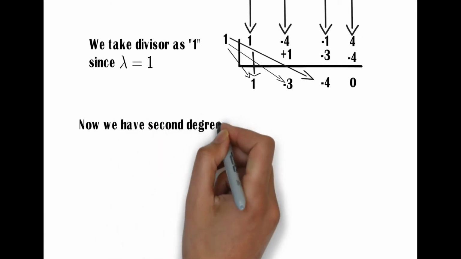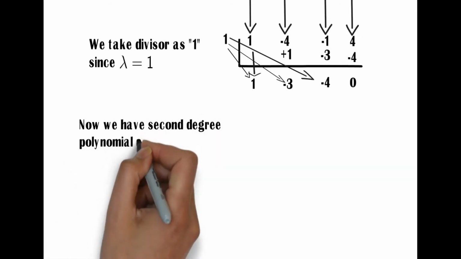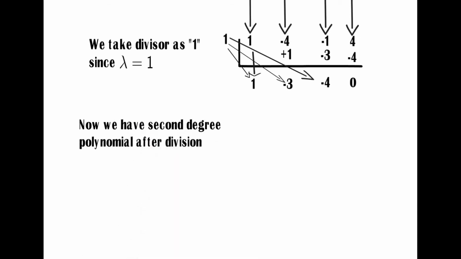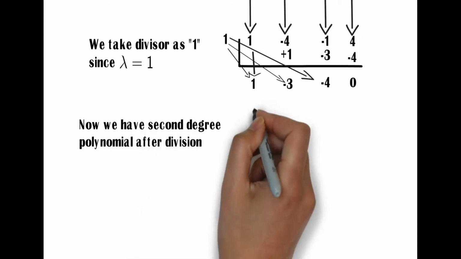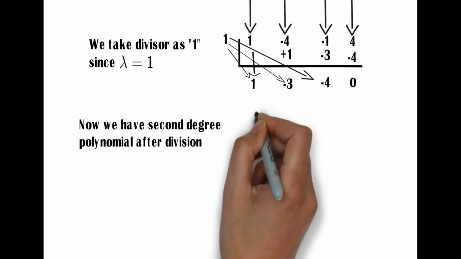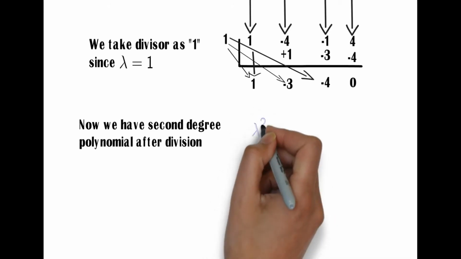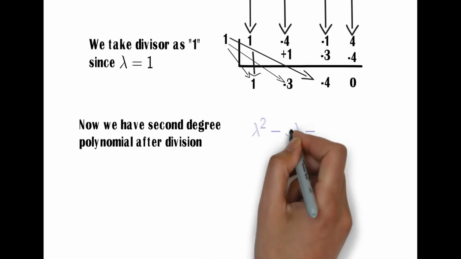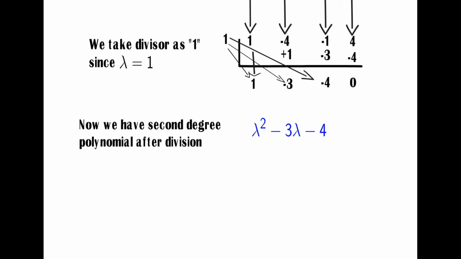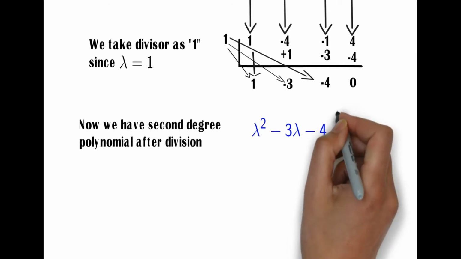Now we have second degree polynomial after division. Lambda square minus 3 lambda minus 4 equal to 0.